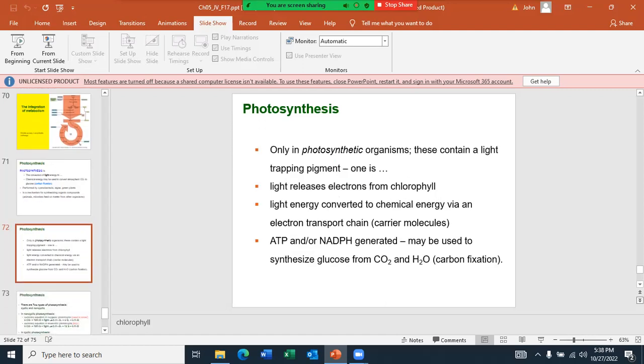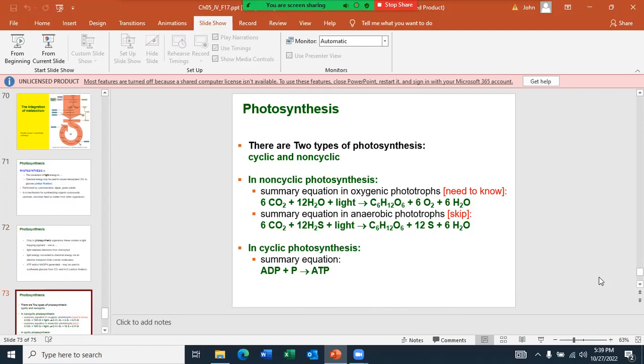What you might not know is that photosynthesis has two forms. There is cyclic photosynthesis and non-cyclic photosynthesis. You're probably familiar with non-cyclic photosynthesis, where in the production of oxygen, you take 6 CO2 and 12 water in the presence of light, creating glucose, C6H12O6, plus 6 oxygen molecules and 6 water molecules.